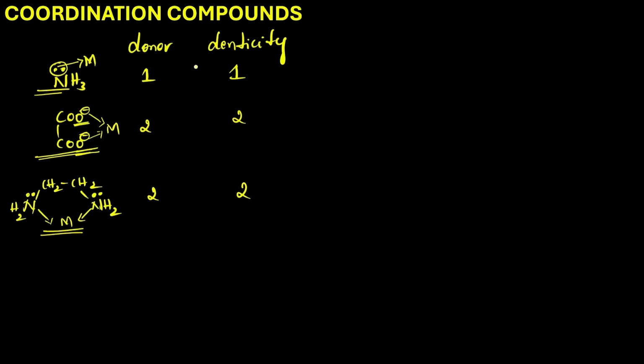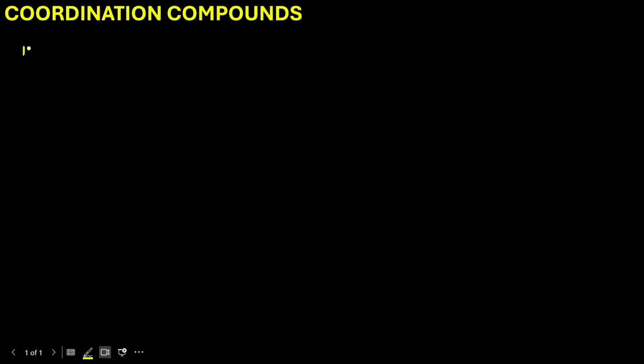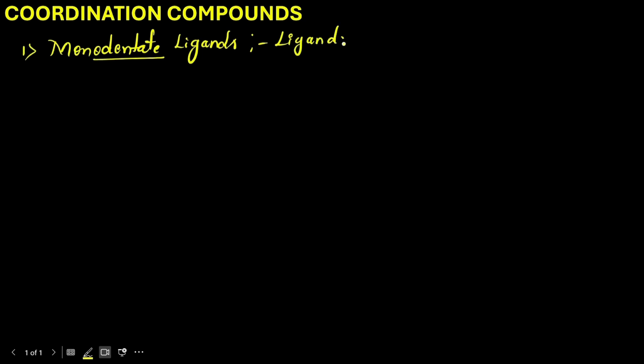Now we will look into the classification of ligands based on donor atoms. The first classification is monodentate ligands. These are the ligands which contain one donor atom.